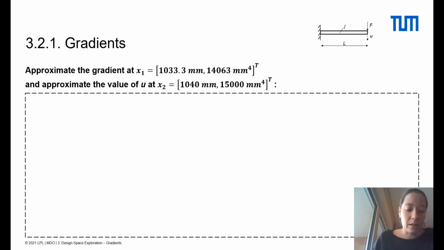So that's the gradient at x1. We're going to write it down here both together. So that's dF over dL and dF over dI.